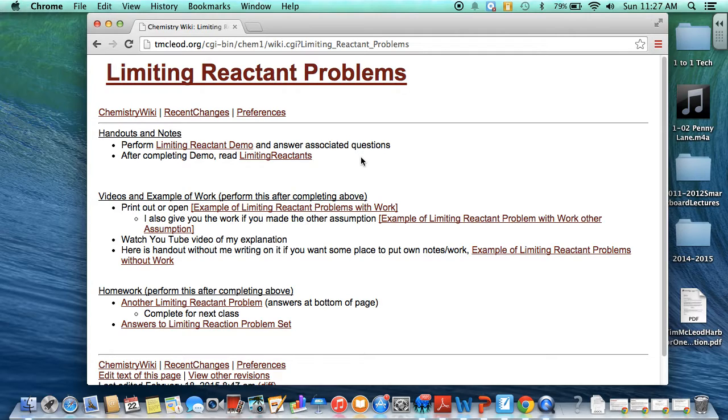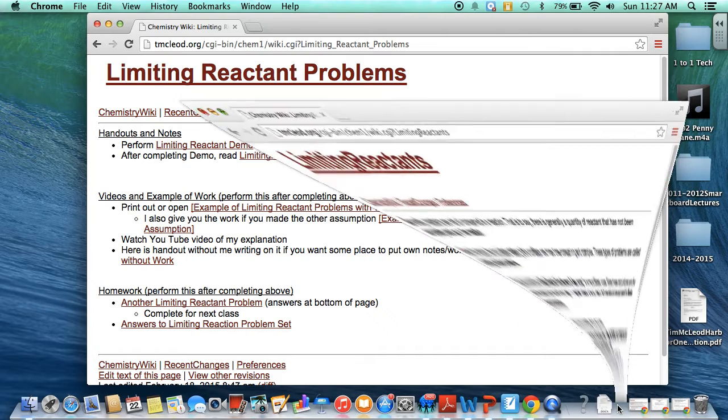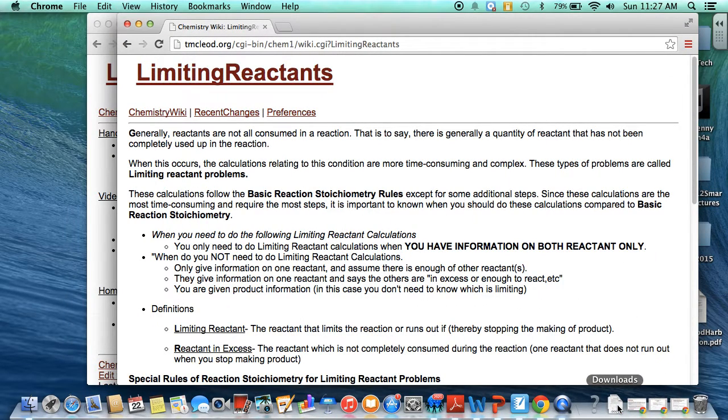So the first thing is you should have read this already. So it's a lot of work, and if you don't have to do it, you don't want to do it. So the first thing you need to know is, when do you have to do a limiting reactant problem? And the answer is, if they give you information about both reactants. That's when you have to do a limiting reactant problem.